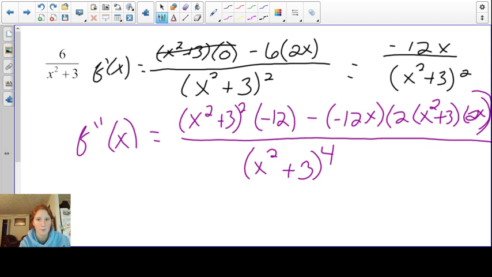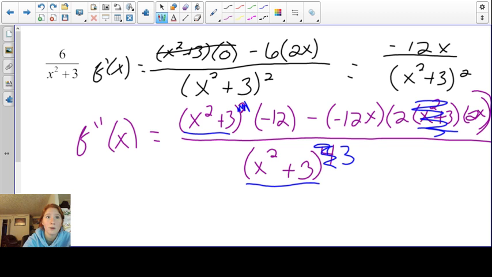So to the fourth. Now this is the part where we jump with joy because we should see a factor of the bottom in all pieces. So this no longer is to the second power. This is no longer to the fourth power. And this no longer exists. Woo!